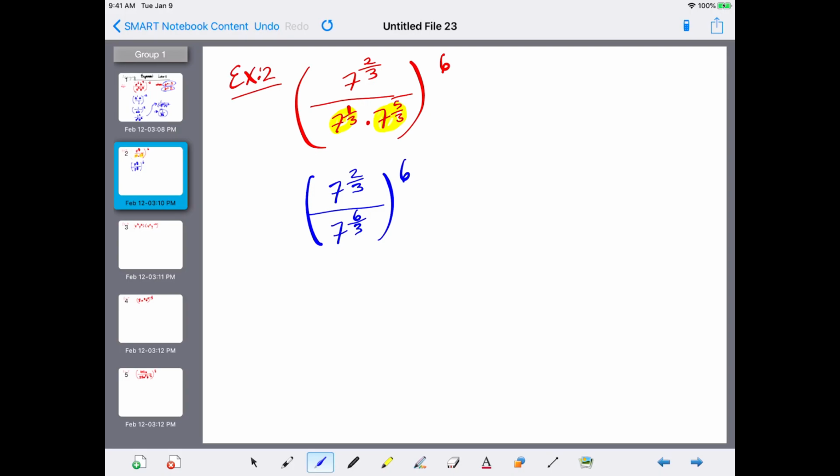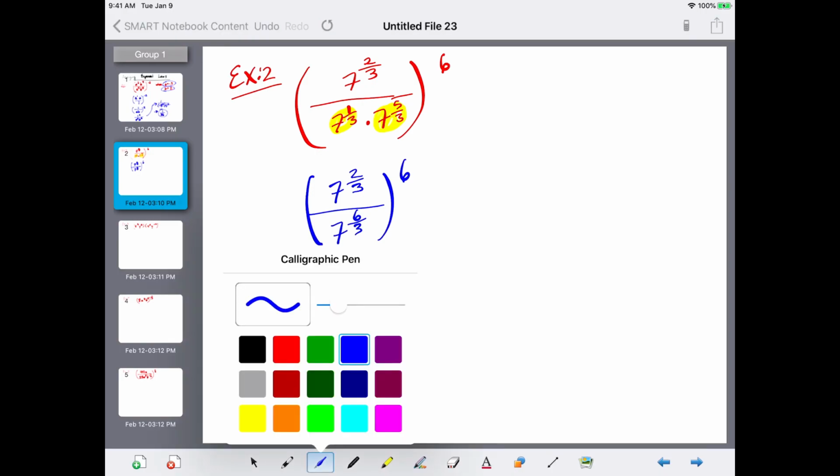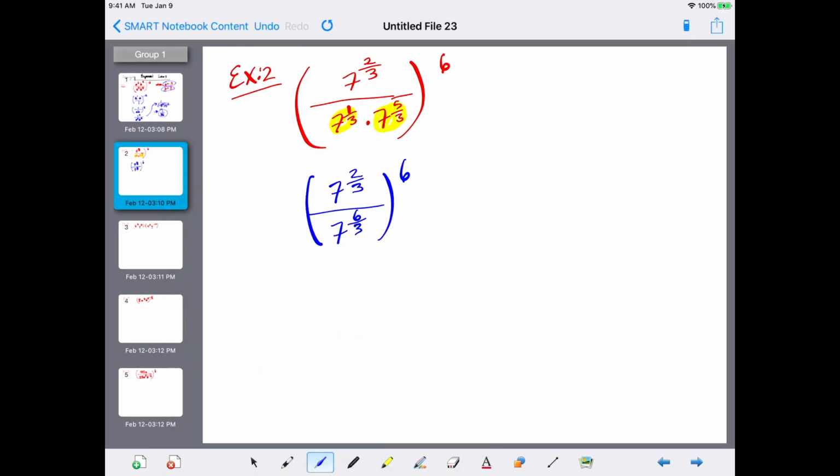And we know when we're dividing bases that are the same, we need to subtract the exponents. And in order to subtract fractions, again, we need to have a common denominator. So that's why I'm leaving it as 6 over 3 as opposed to 2. So when we do that, what's 2/3 subtract 6/3? That's going to be negative 4/3.